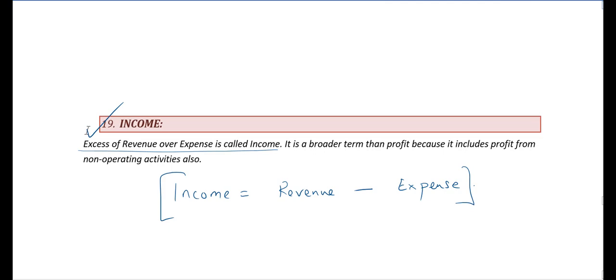Income is a broader term than profit and includes profit from the non-operating activities of the enterprise. That is, activities which are not related to the main operating activities of the enterprise. That is called a non-operating activity. And since income also includes profit from the non-operating activities of the enterprise, it is a broader term than profit.